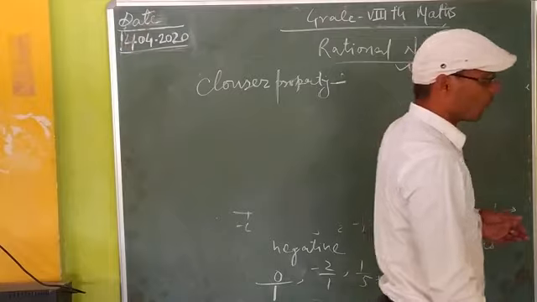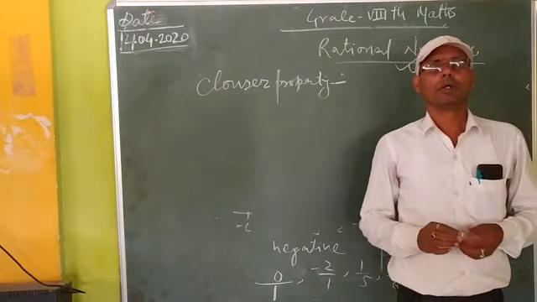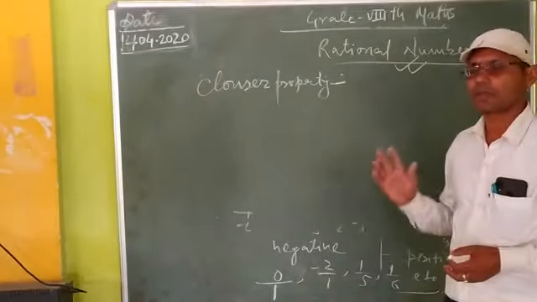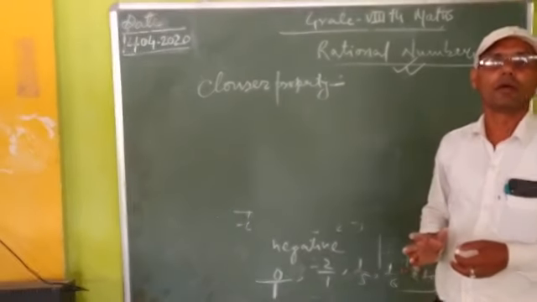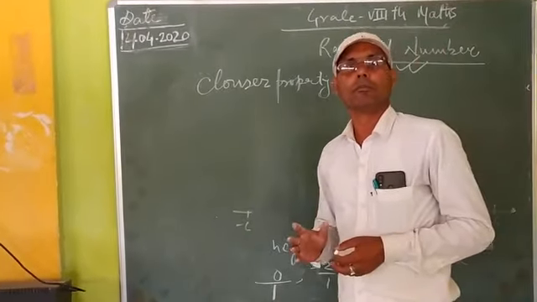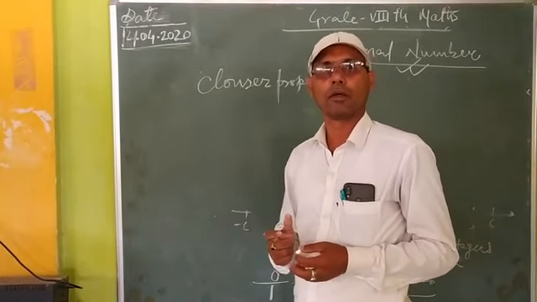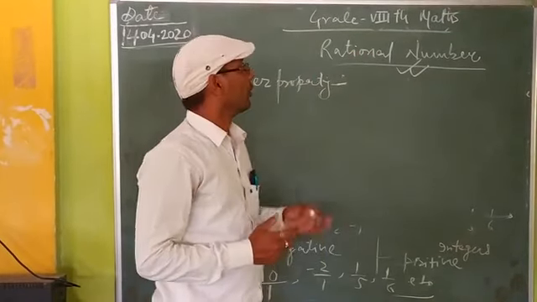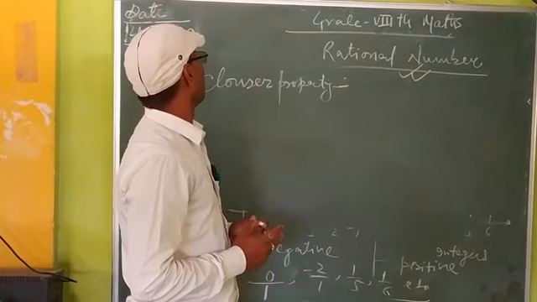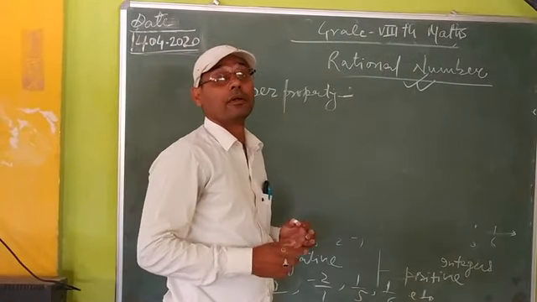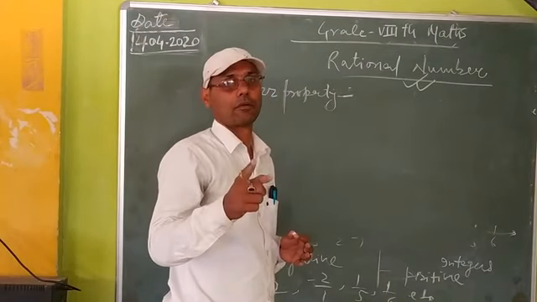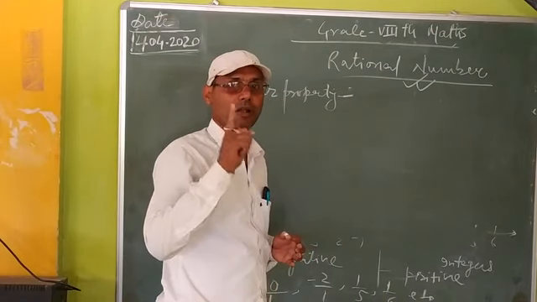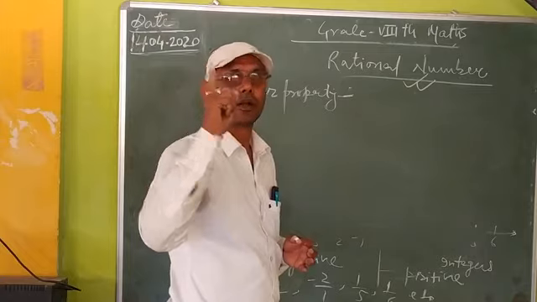In this property, we will look at how the addition, subtraction and multiplication of rational numbers become rational. Closure property tells us the addition, subtraction, multiplication of rational numbers is always rational.